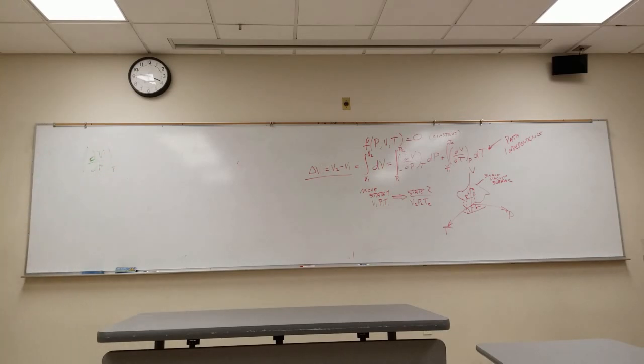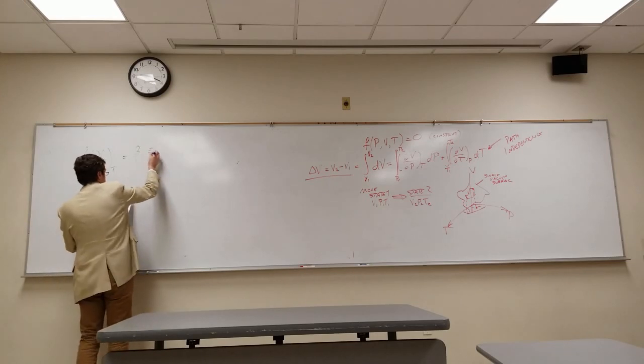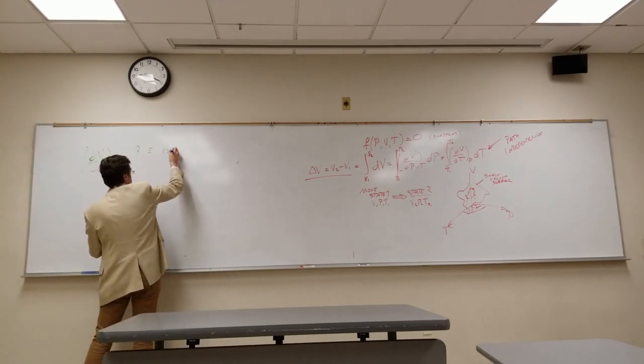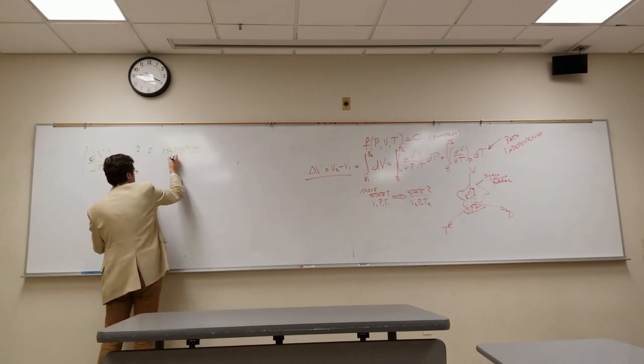at constant temperature. And what does it mean if you have a solid, you change the pressure, or a gas, you change the pressure, you keep the temperature constant? Well, that is equal to beta, which is the isothermal compressibility.